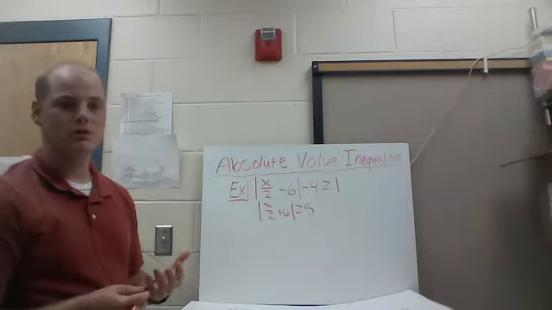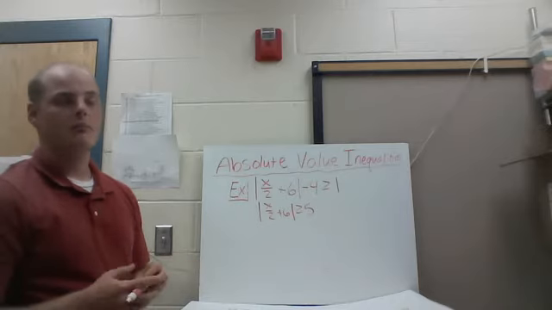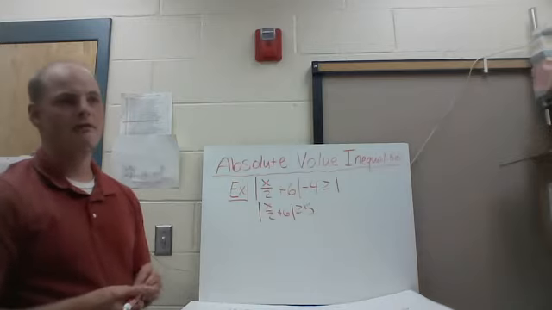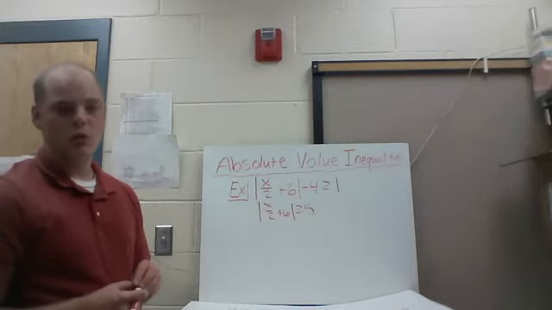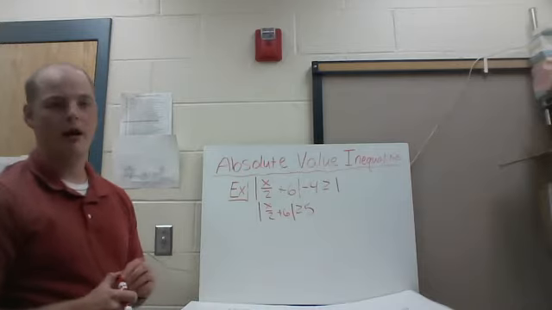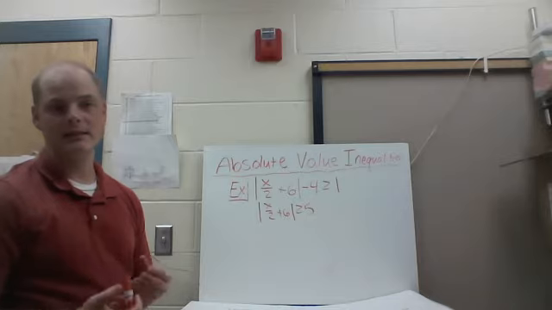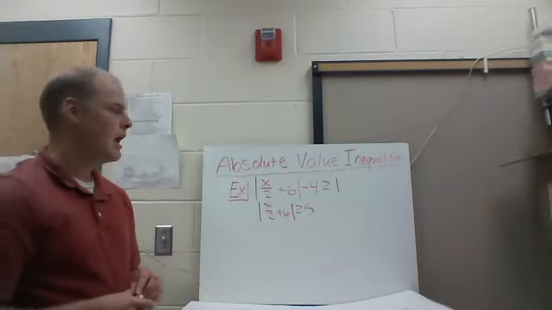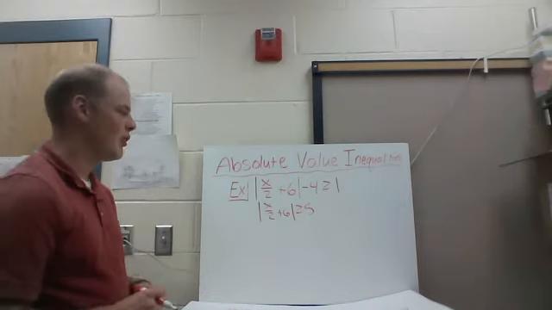Basically what that means is you have 2 inequalities that are combined with an or or an and statement. For example, you could have x is less than 2 or x is greater than 10. Or you could have a compound inequality where it's x is less than 6 and x is greater than 3. Okay? And we'll talk more about that in class tomorrow.